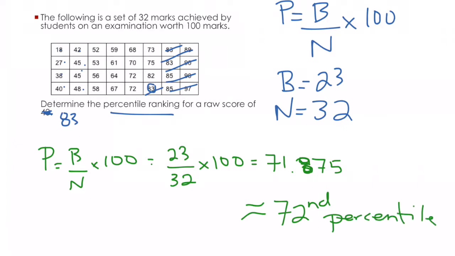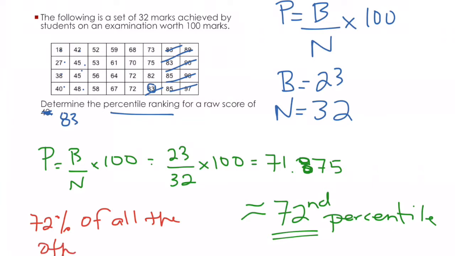So the percentile rank for a score of 83 is 72. That means 72% of all of the other students scored below an 83. I'm just going to write that down so you can see it.